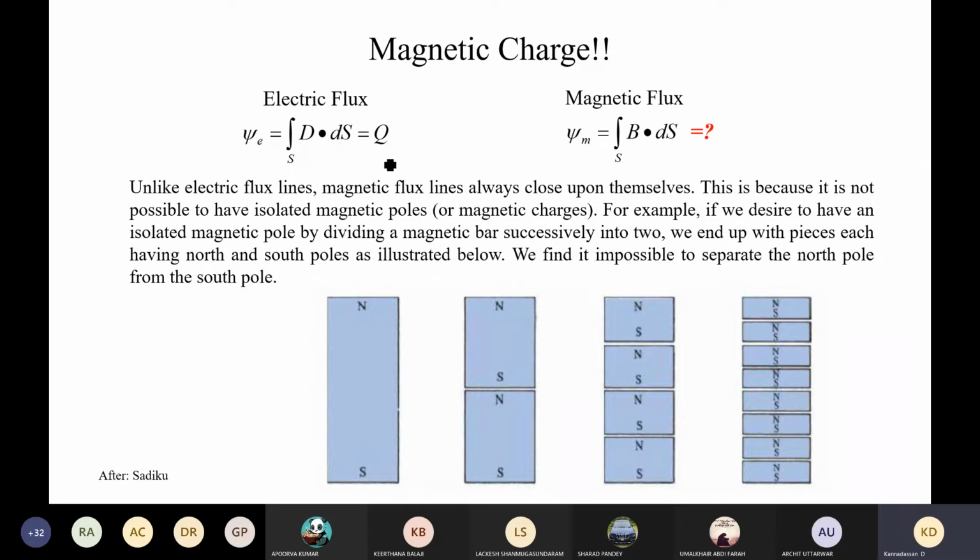We have an electric charge due to the meaningful electric flux lines, and when you integrate that, you can get some value. But here, this magnetic field, obviously, when you integrate over the finite surface, becomes zero. If it becomes zero, does it mean that there is no source or no sink? And if we say that there is a source and sink, then what is the meaning of that?